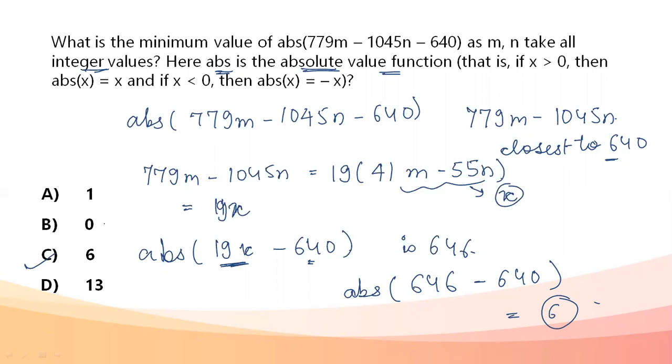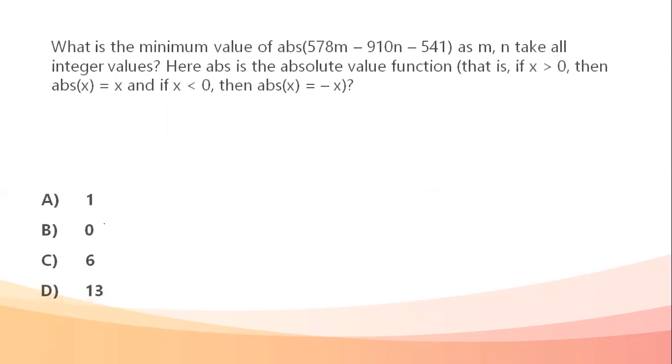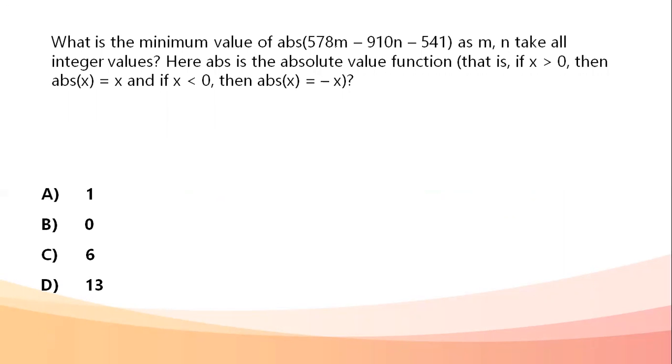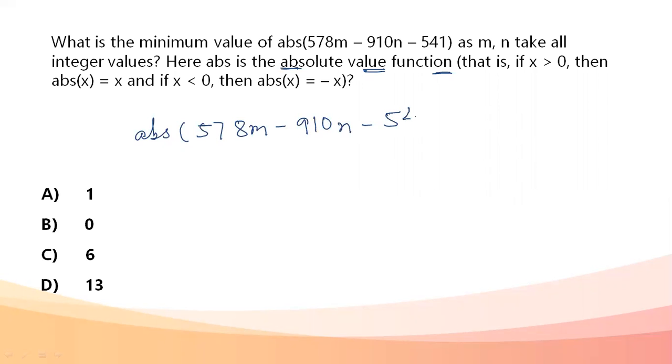It's 6. Okay. Next, minimum value of absolute 578m minus 910n minus 541, as m and n take all integer values. Again, the same function is mentioned. What is the absolute value of the function? Condition, everything is specified. So we are going to go the same way. Absolute of 578m minus 910n minus 541.